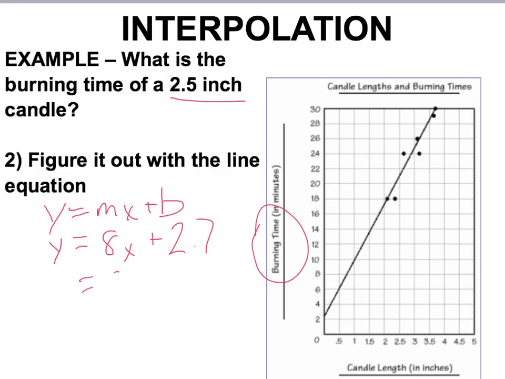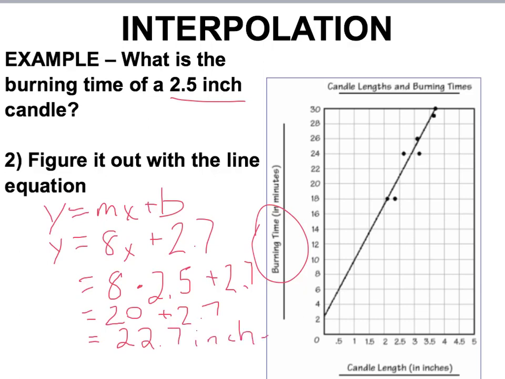And what we find here is 8 times 2.5 plus 2.7. Now you might need your calculator for this, and that's okay. 8 times 2.5 is 20, and then we'd add 2.7 to that. Add those together, and you get 22.7, and don't forget your units, which are inches. And I think I forgot that on the previous slide.